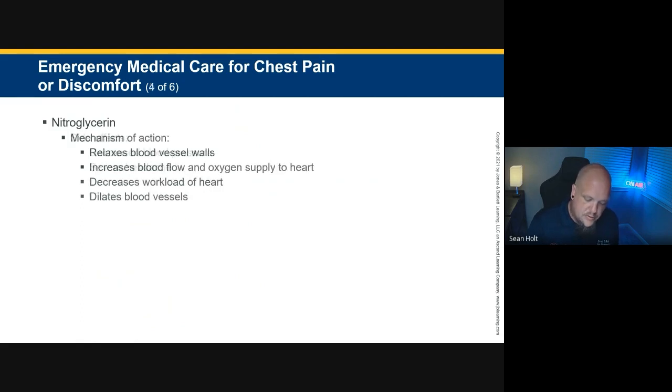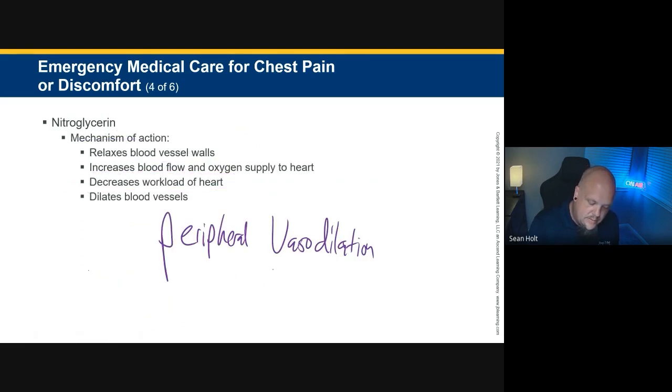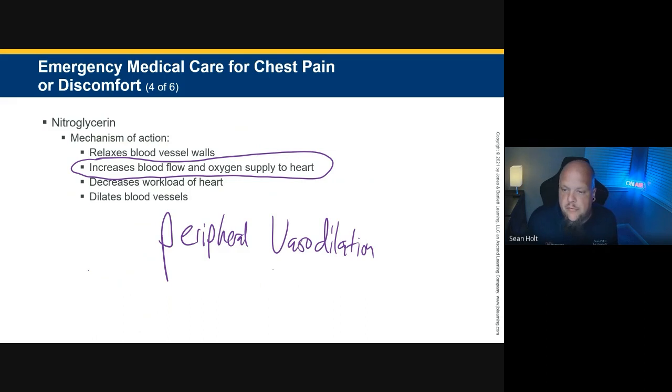So the other thing that nitroglycerin does, not always with a really big effect, but it can increase the blood flow to the muscle of the heart. So, coronary artery vasodilation, all right? Coronary arteries vasodilating or increasing in size means that clot that was once in a constricted vessel, if we can dilate those coronary arteries, that clot may continue on and do less damage further down the line of the heart.